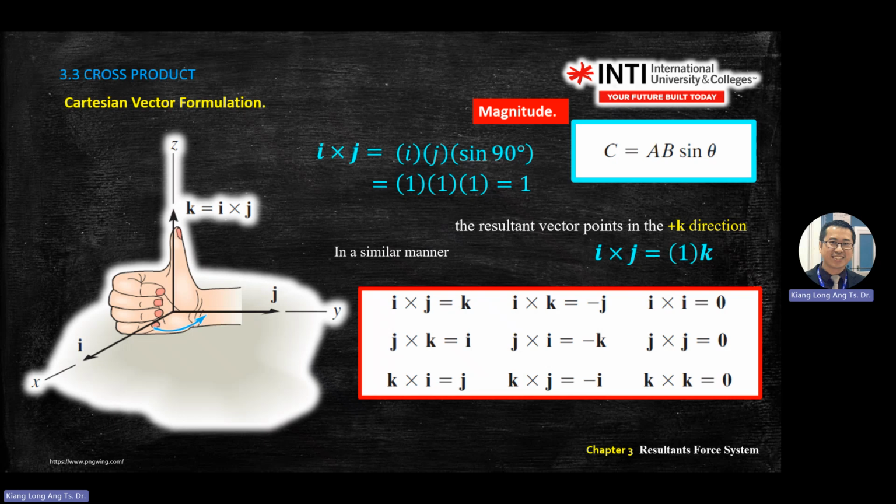Why 0? Because I has no direction of crossing, so 0. It is a bit different from the dot product. I dot I equals 1. I dot J, I dot K, 0. Don't confuse cross and dot.